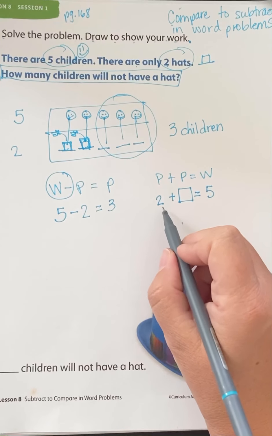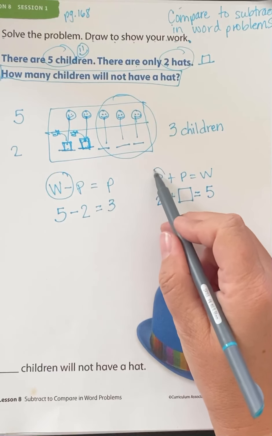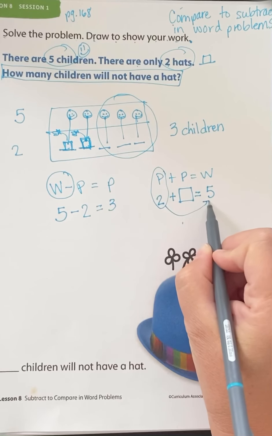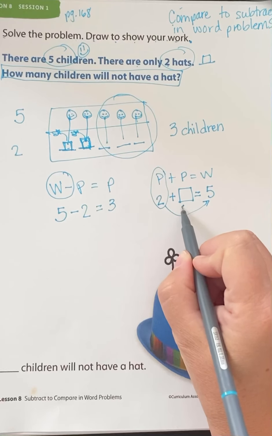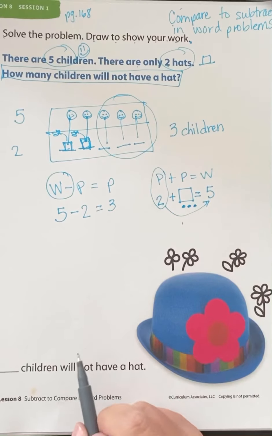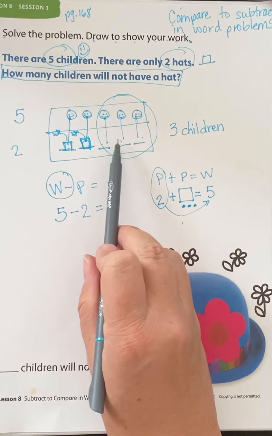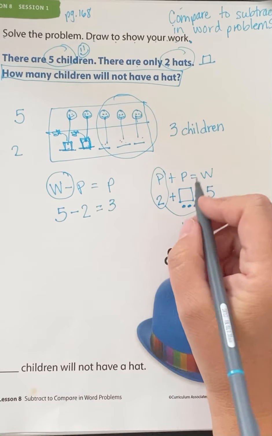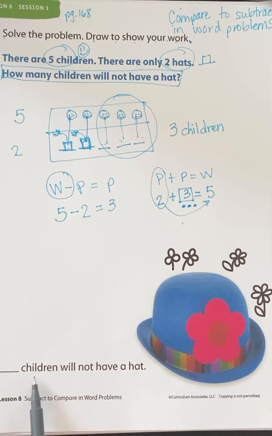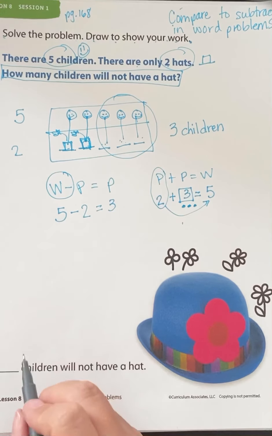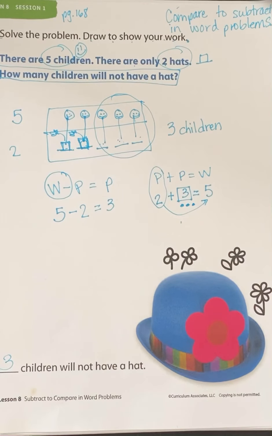I can count on from the part I know up to the whole. 2, 3, 4, 5. How many missing hats did we have? 3. How many children will not have a hat? 3 children will not have a hat.